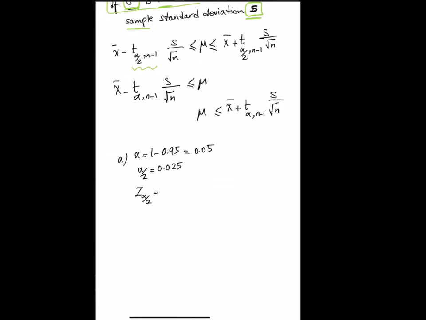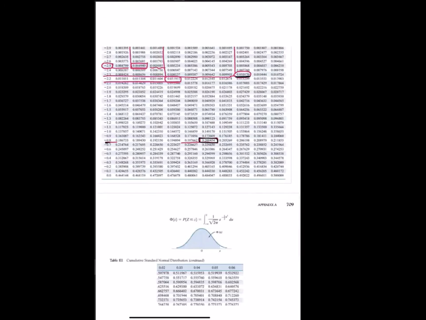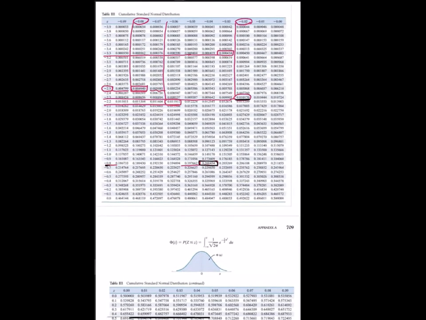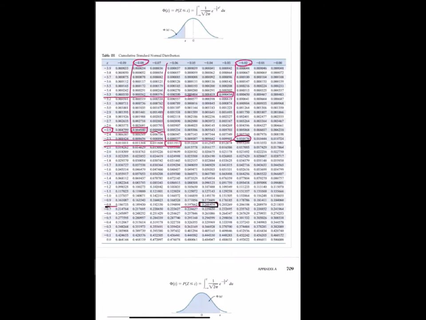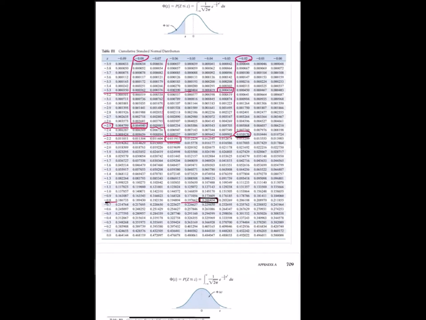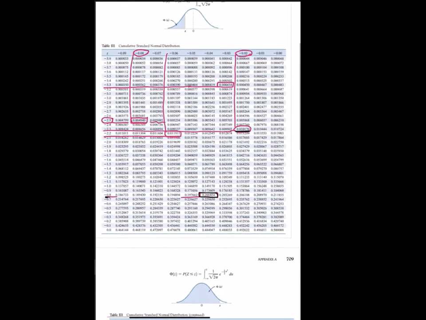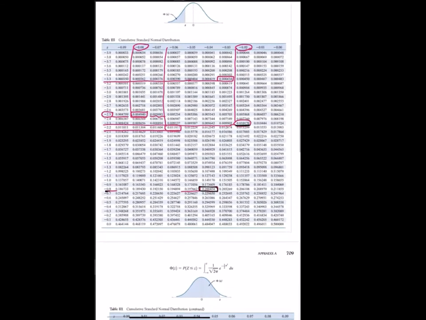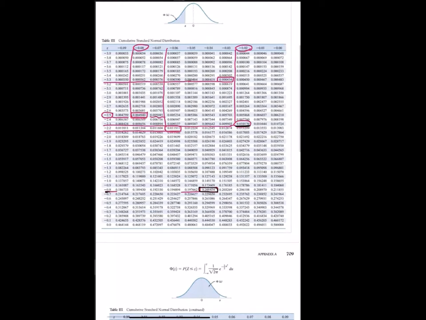So if I go to the z table, I have to find the value of z where the area on the left side is 0.025. Here. Or here.